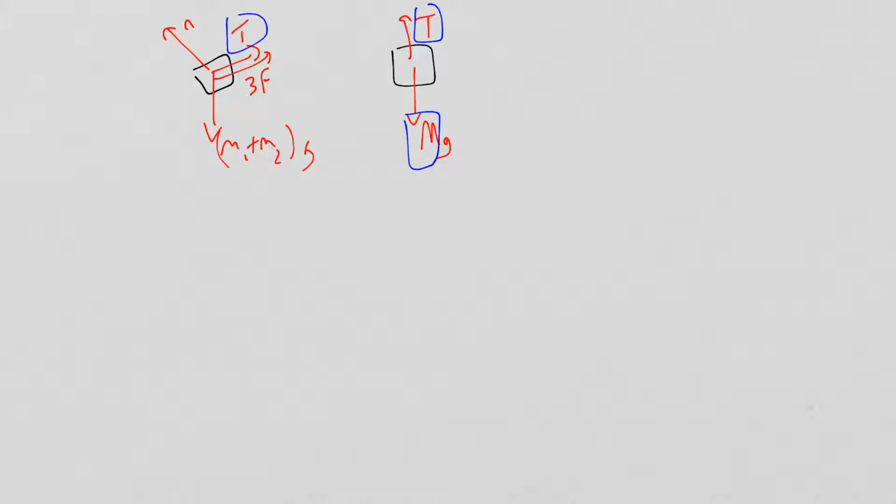Since I need something with this capital M, I'm going to say that the net vertical force on that block is 0, or T minus capital Mg equals 0. So if we knew the tension, we'd be done. We don't, but fortunately we have the other block.